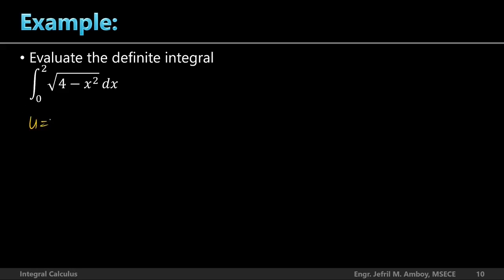Ang gagamitin mong u ay 4 minus x squared. Now, ang makukuha nating du ay the negative of 2x dx. Ang problema, sa given, dx lang. At ang nakuha mong du ay x dx. Magkaiba sila. So, obviously, hindi gagana ang substitution method na ito.